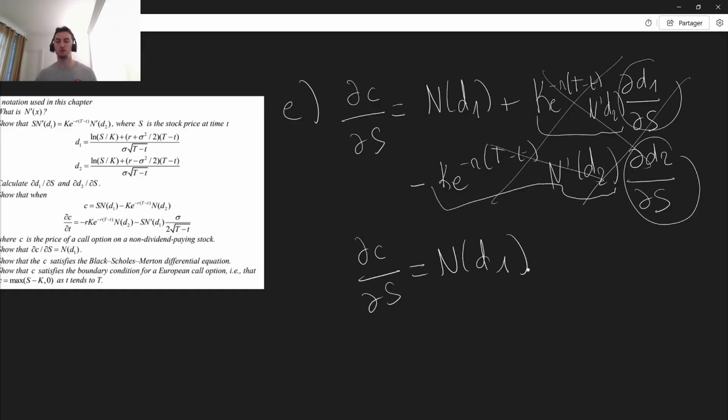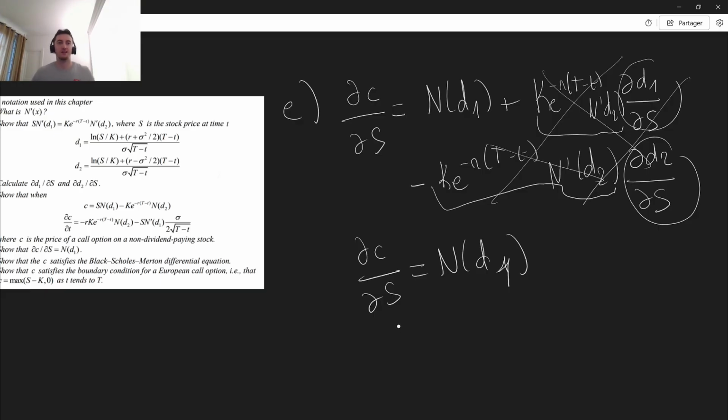But you need to make sure, this is a famous mistake that we can make, because it's very tempting to say that because C is S times N of d1 minus this term, if we don't see the fact that d1 and d2 depend on S, then it's easy to miss and to say that the derivative is just N of d1, which is correct, but incorrect in the other way because you didn't quite understand how to get here.